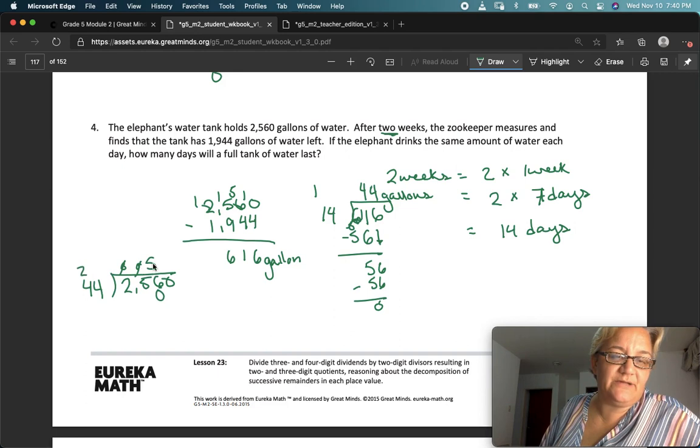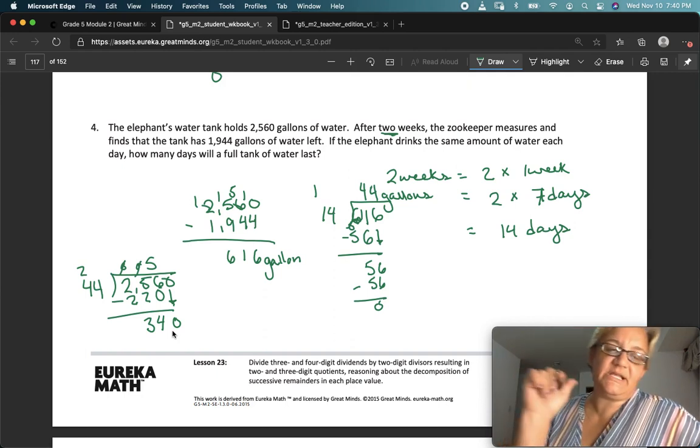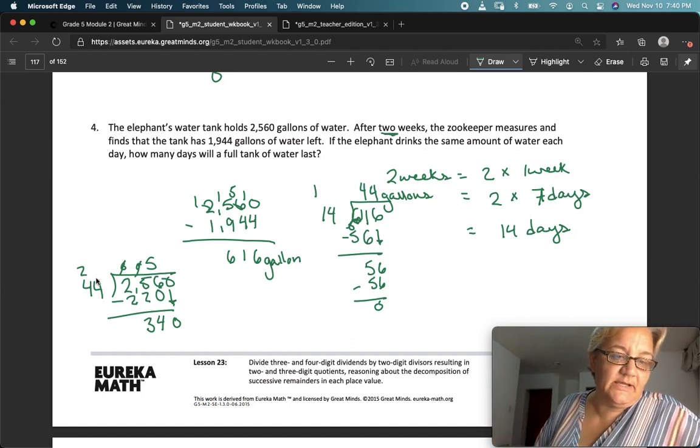Carry the 2. 5 times 4 is 20 plus 2 is 22. Subtract that. Bring down the 0. 44 into 340. I'm just wondering if I've made a mistake and they're tricking us. I might go check the answer after this, okay?